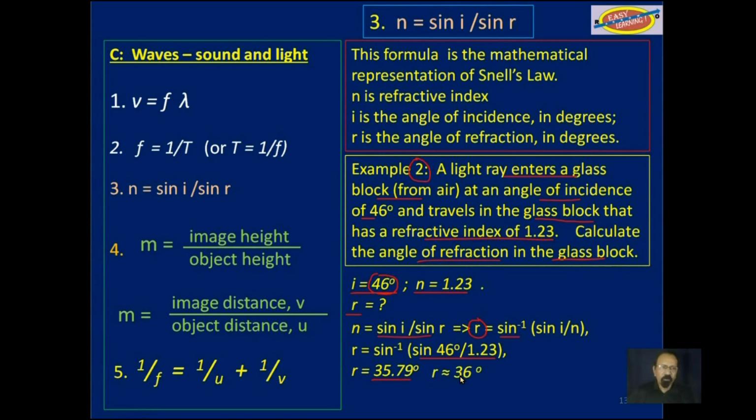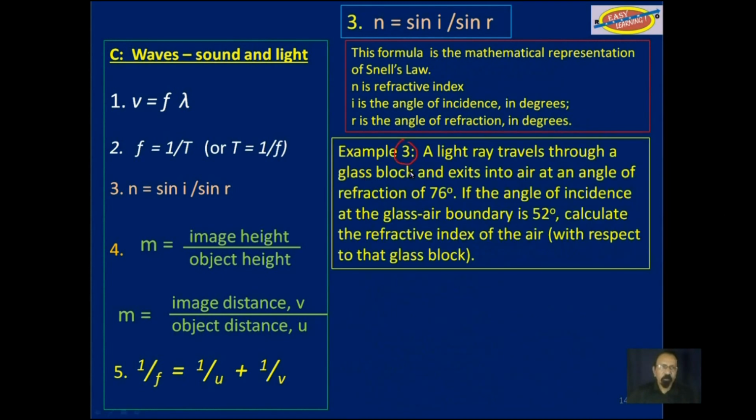We round that off to two significant figures and we get 36 degrees, and that should be sufficient for CSEC. You can always add more precision, which is also correct, but I don't think that is necessary.